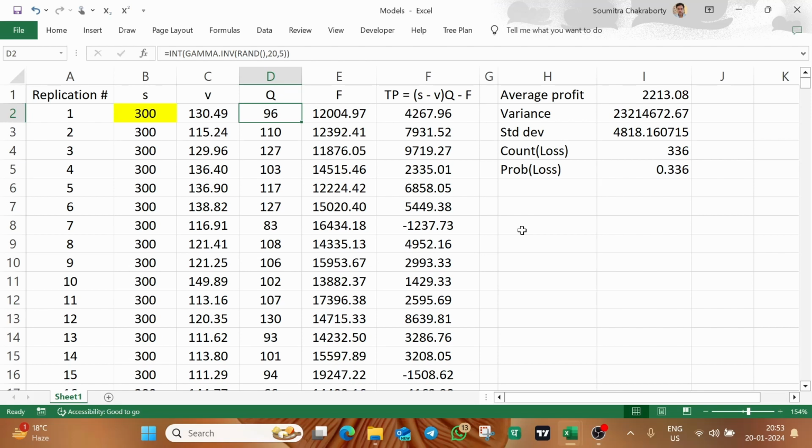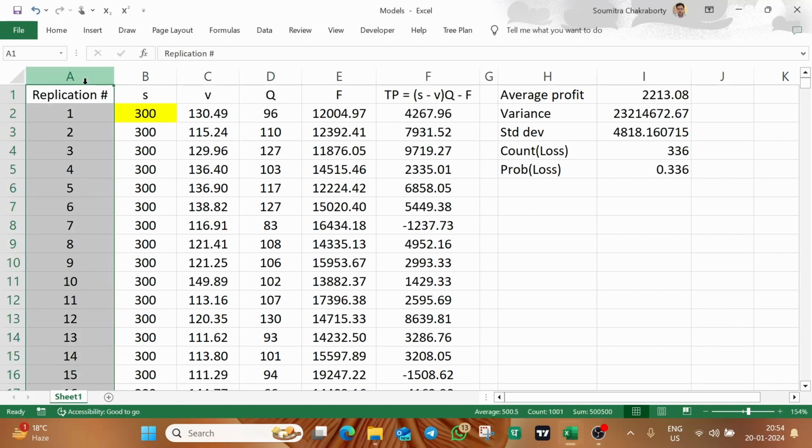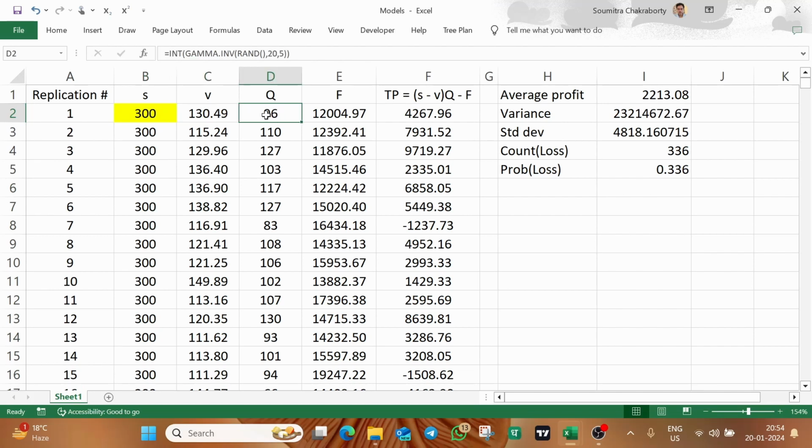And so if you see in the last video, we have derived the first model, and in this model we had used a traditional way of building the simulation models, where in the first column we have created 1000 simulations, 1000 replications, and for each replication we have a selling price, a variable unit cost, demand, fixed cost, and then based on that we calculated the total profit using this expression.